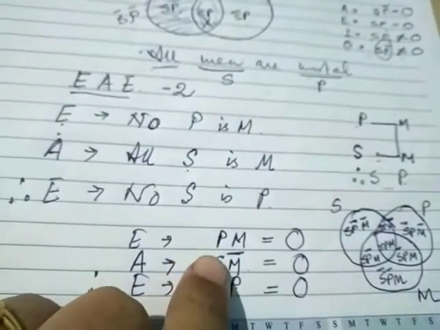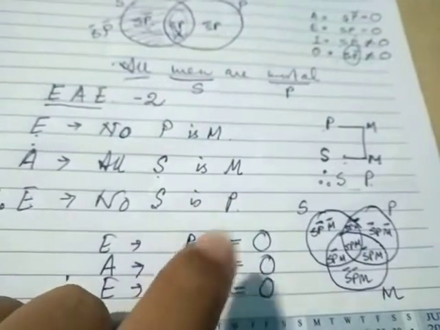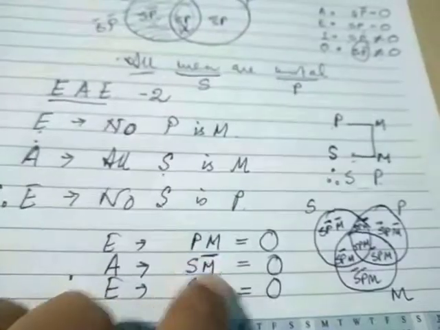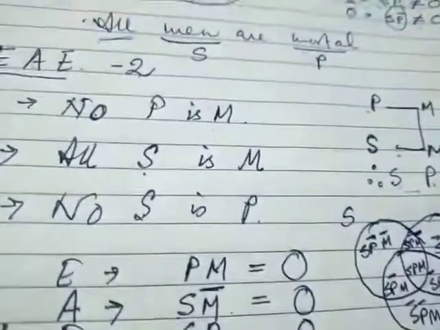Again I am telling, if there is one universal and one particular, then we have to draw the universal one first. But here you can see both the premises are universal. So I can start with anyone.